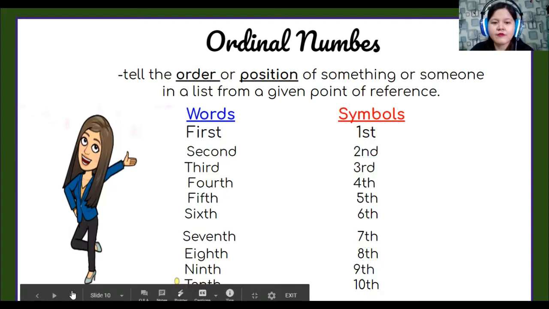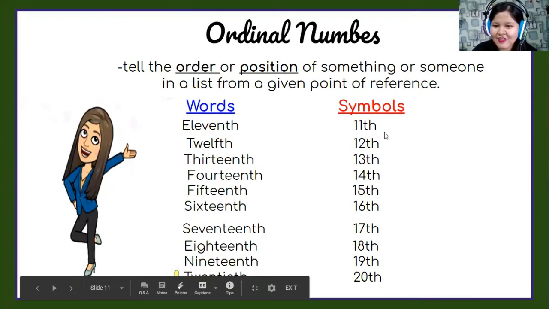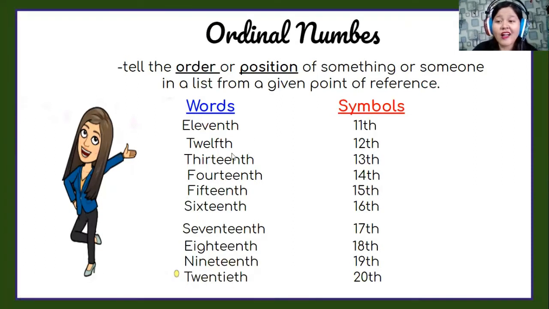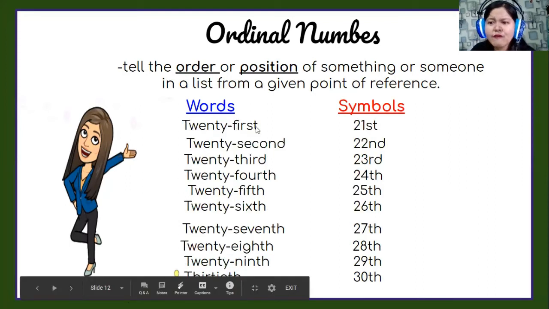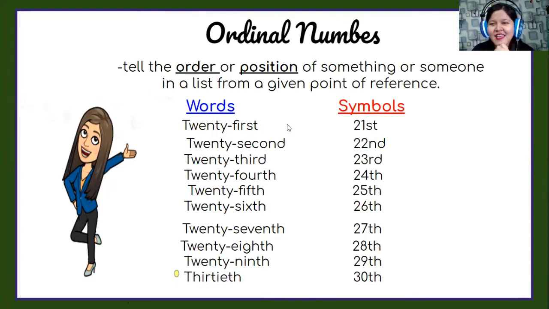How about if we have here 11? It is still TH. 12th, we have here 12 and then TH. 13, TH still, up to 20. How about this? We have here 21st. For 21st, 20 and first? When it is a numeral, we have there 21.